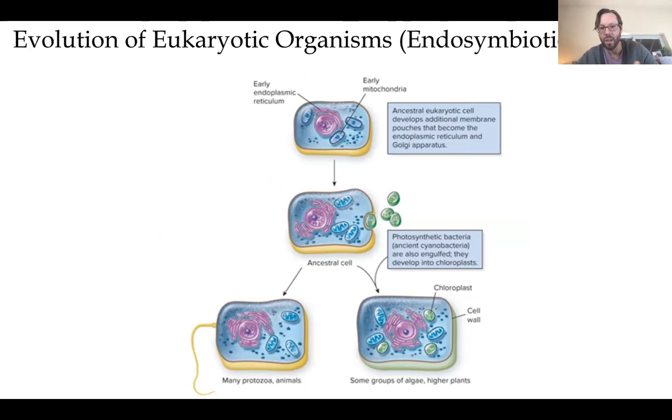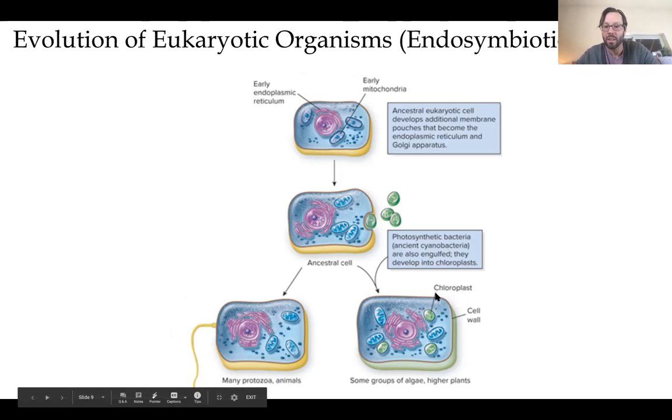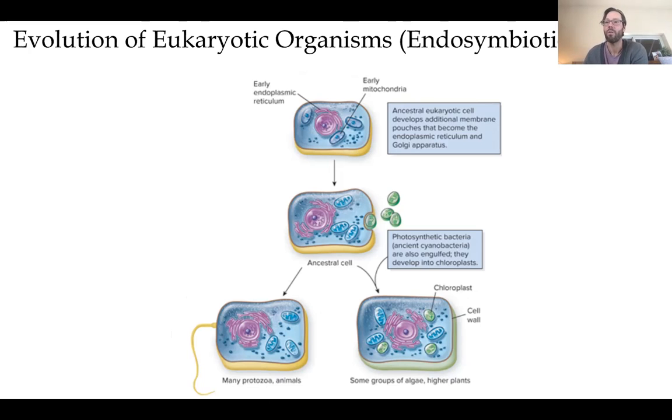Until finally you get down this evolutionary tract into these protozoa or these algae organisms, okay, that then go on to give rise to things like plants and other more complex life.